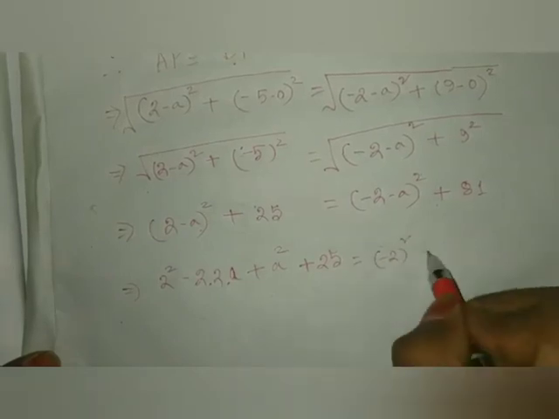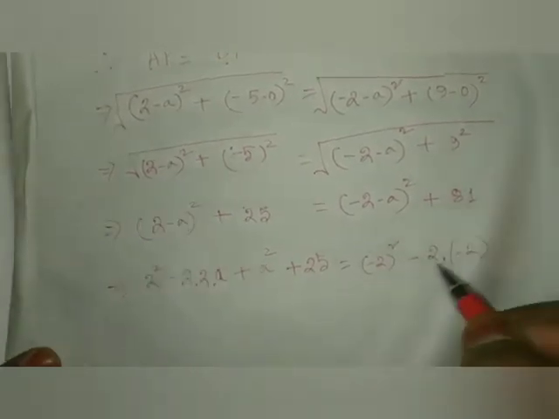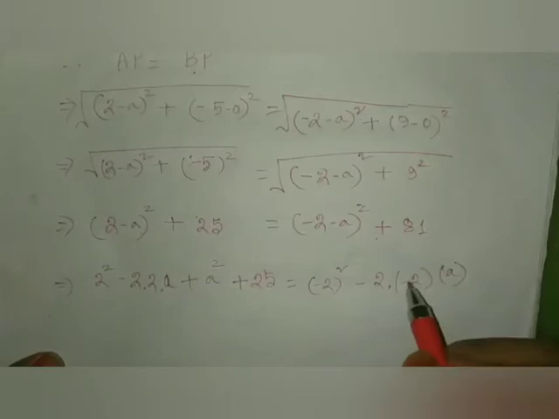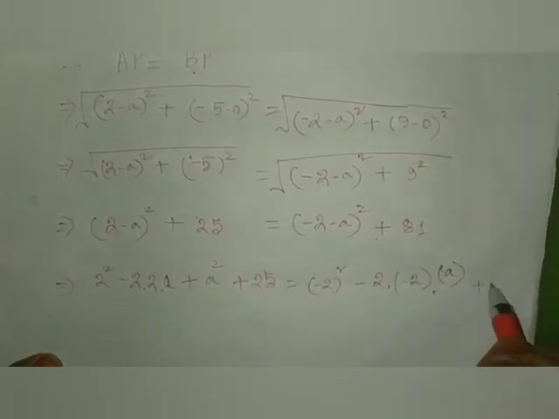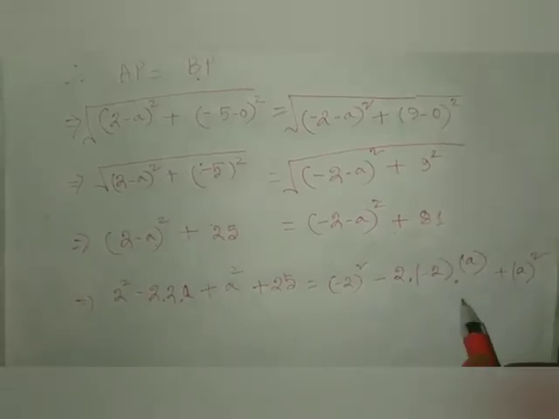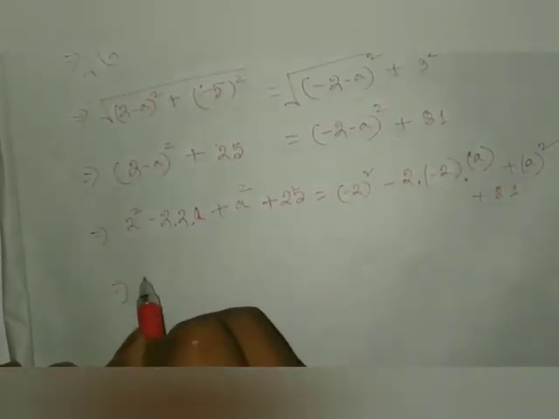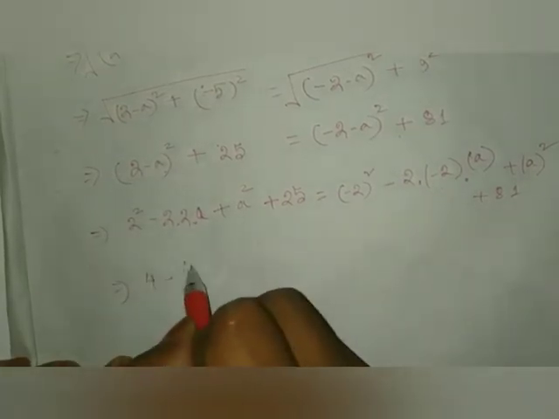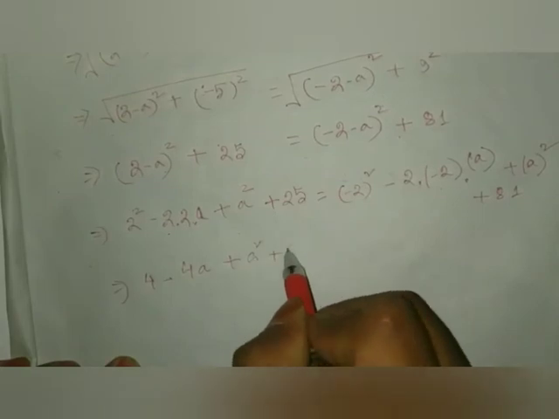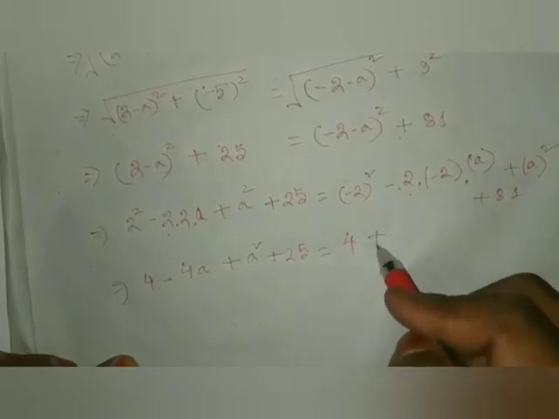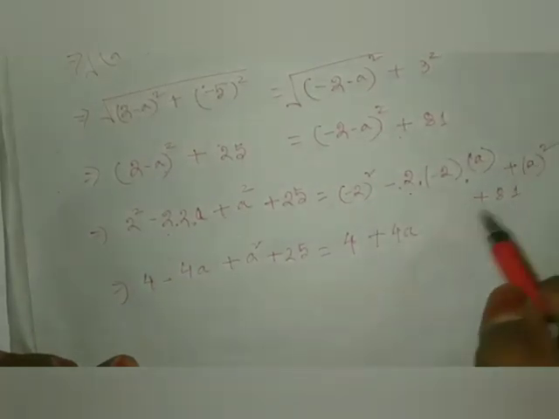So now solve. 4 minus 4a plus a square plus 25 equals 4 plus 4a plus a square plus 81.